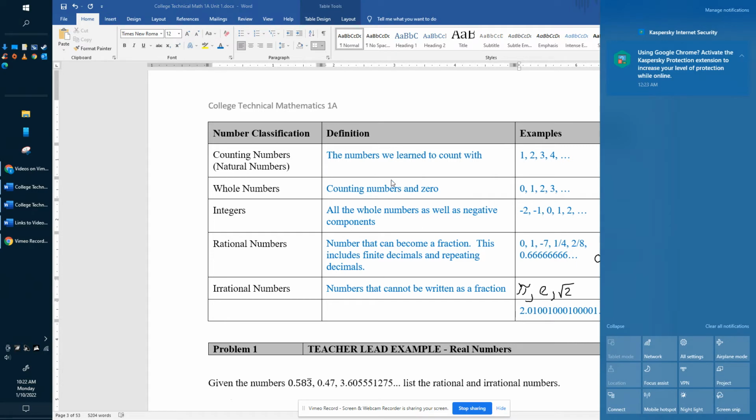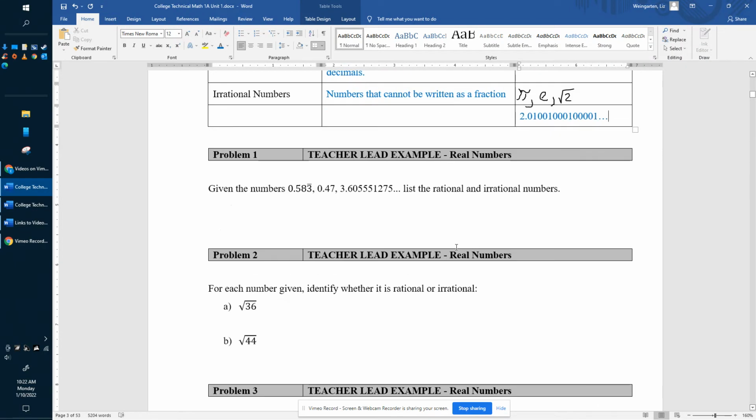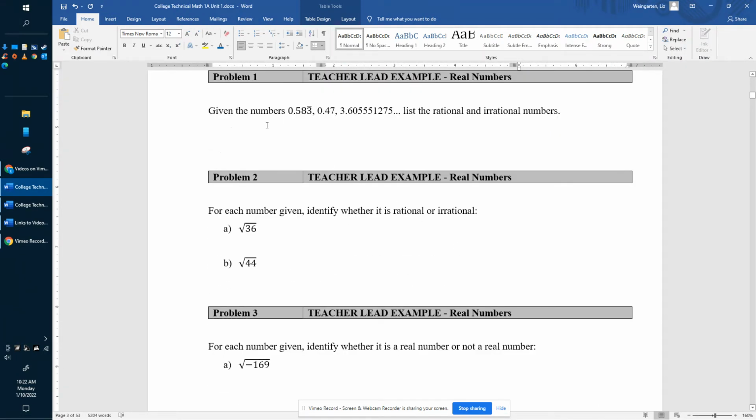So those are our definitions. Let's take a look at some problems that we have here. Given the numbers 0.583 repeating, 0.47, and 3.6055551275, list the rational and irrational numbers.